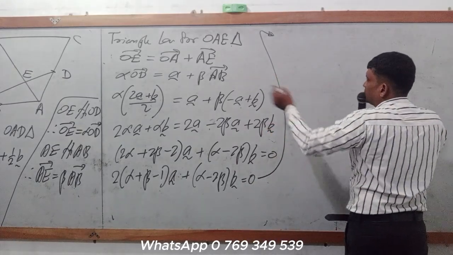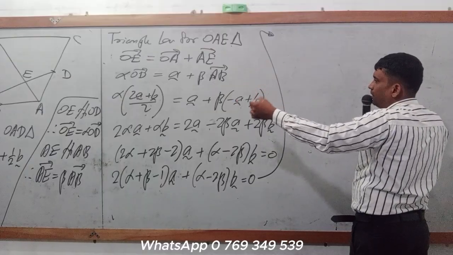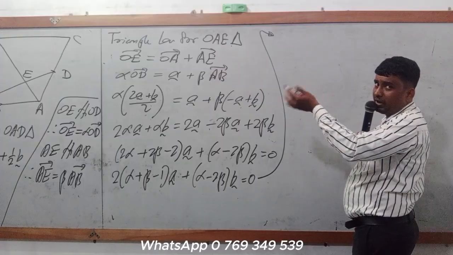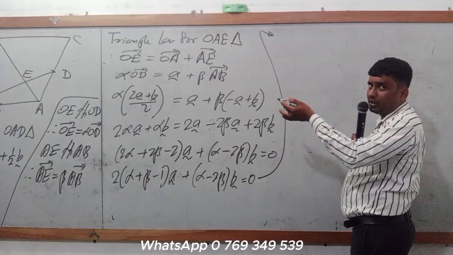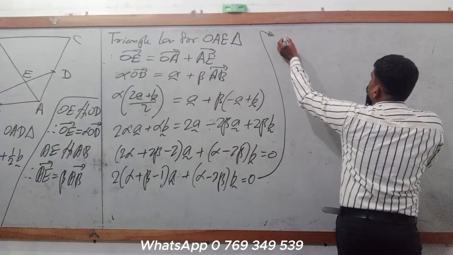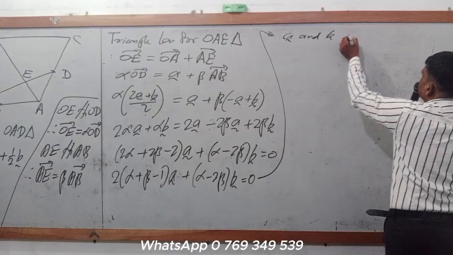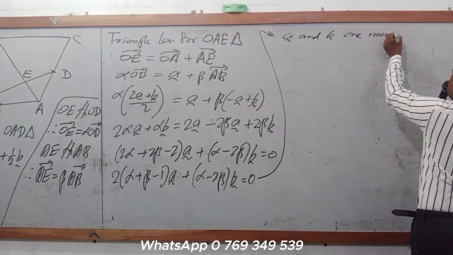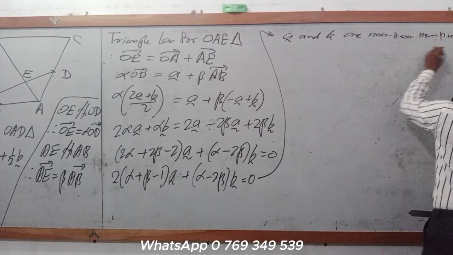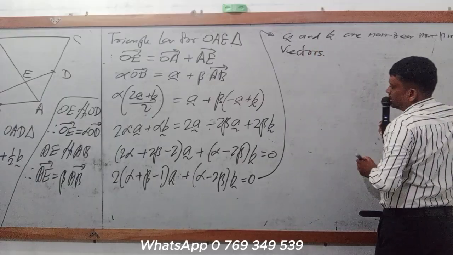Vector A is OA and vector B is OB, two sides of the parallelogram, so they are non-zero and non-parallel, right?